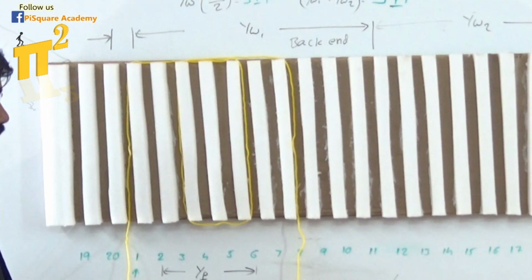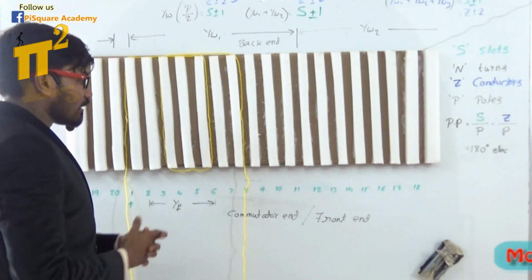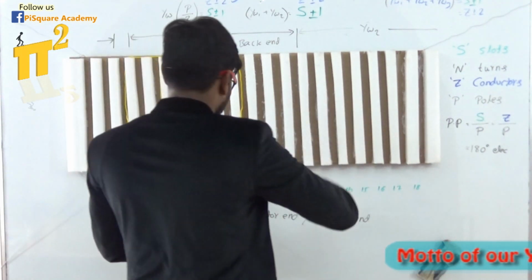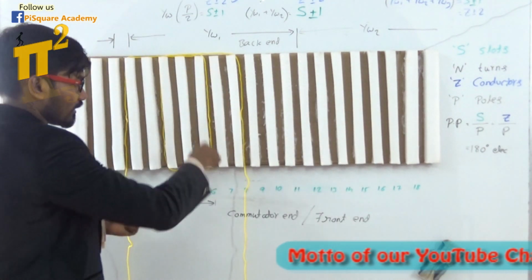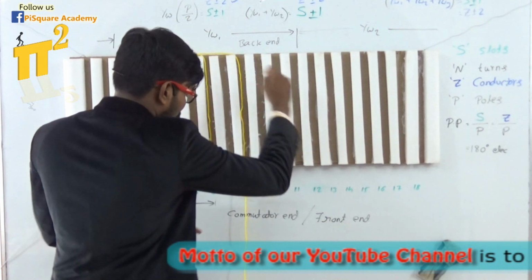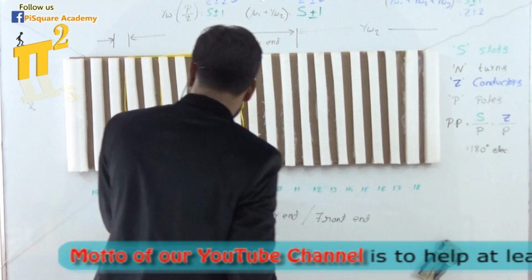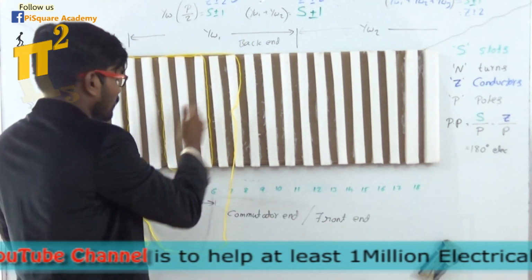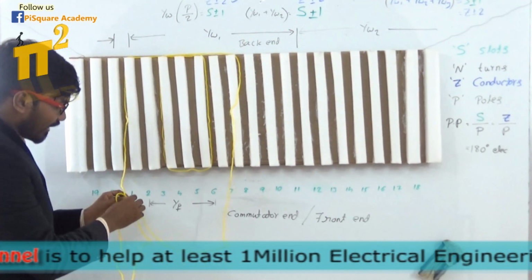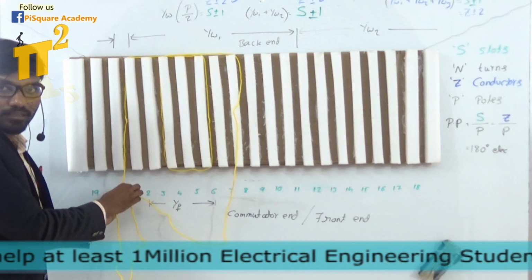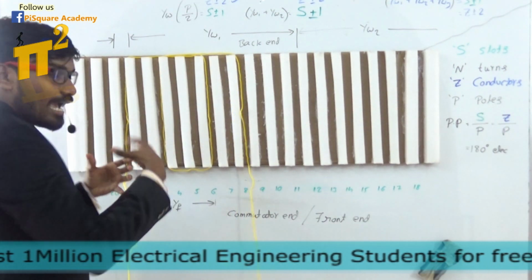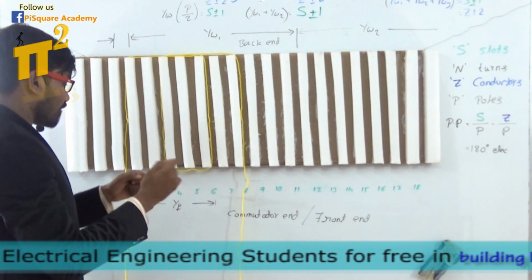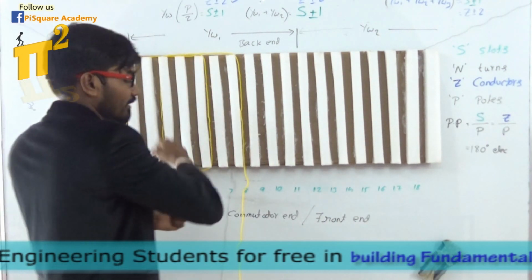This is duplex lap. Doubly re-entrant means duplex winding is going like this, and after all these things, it has ended here. One slot is left in between and the winding has ended here. Now I'll place another fresh winding, another fresh wire, starting here.